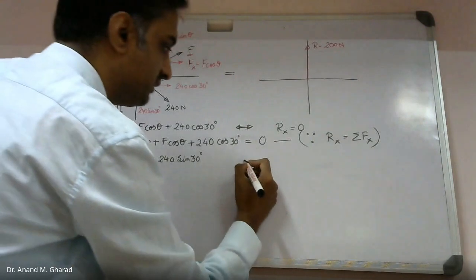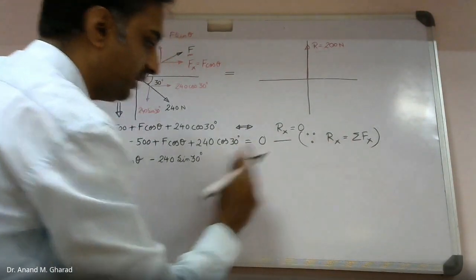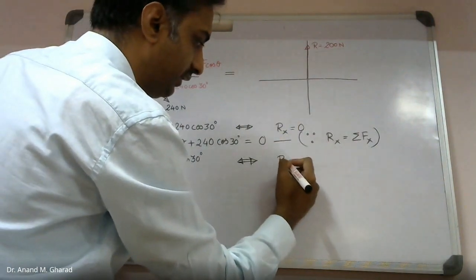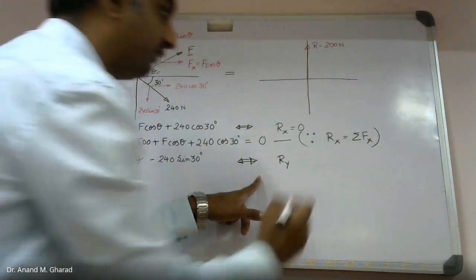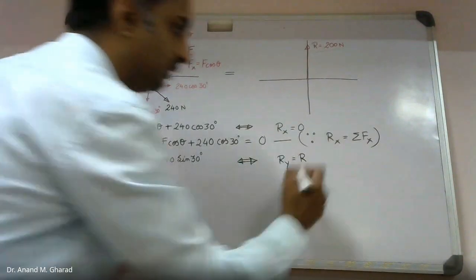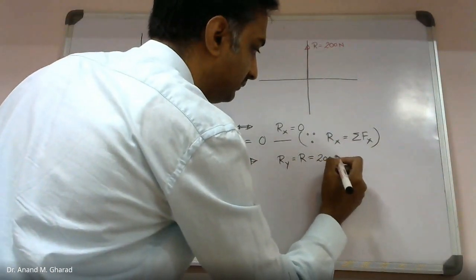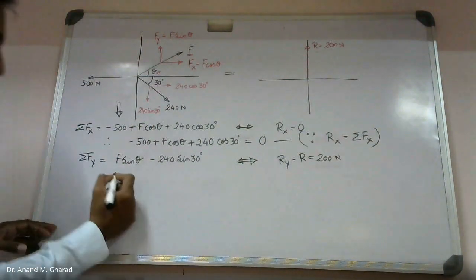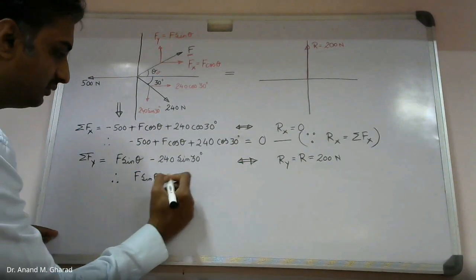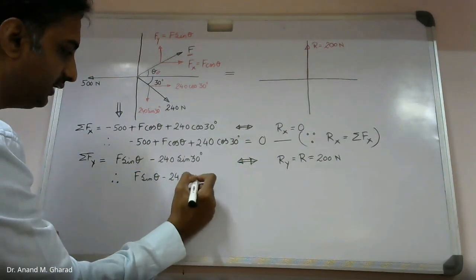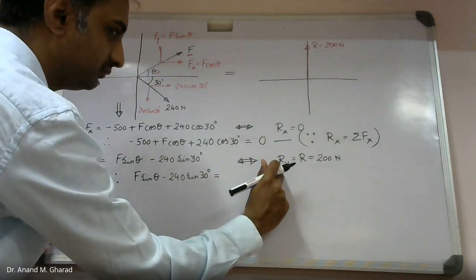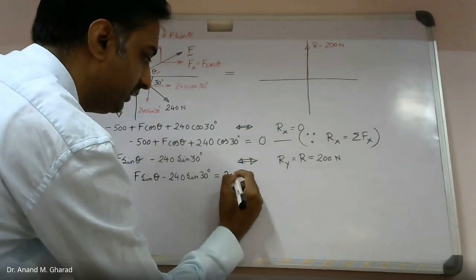Now I will go to the right hand side, and you know that the left hand side and right hand side are equal. However, the representation of the right hand side is something different. What is Ry here? It is nothing but R, or in other terms, it is 200 Newton. Therefore, F sin theta minus 240 sin 30 equals Ry, which is 200.